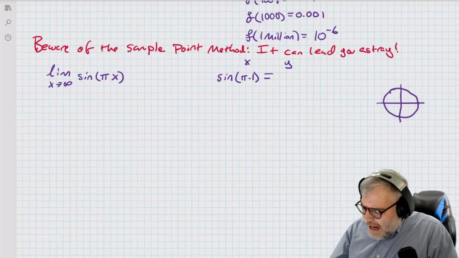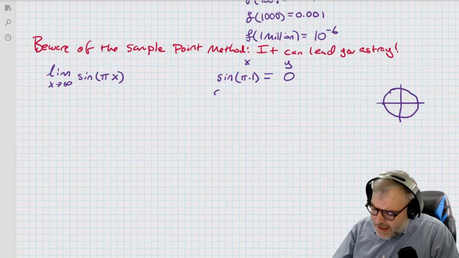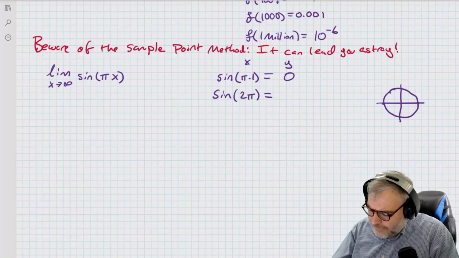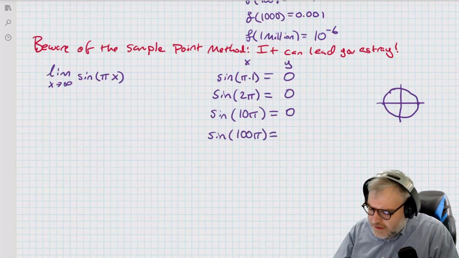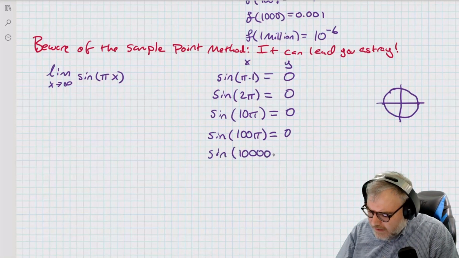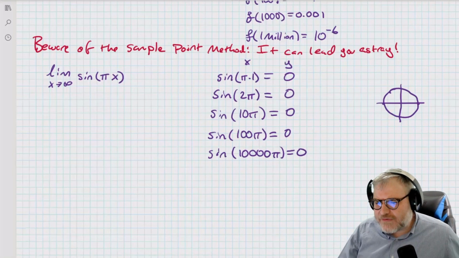So if I go a pi, I get 0, correct? Sine of 2 pi equals 0. Sine of 10 pi equals 0. Sine of 100 pi equals 0. Sine of 10,000 pi equals 0. So 1 to 5, how do we feel about that?